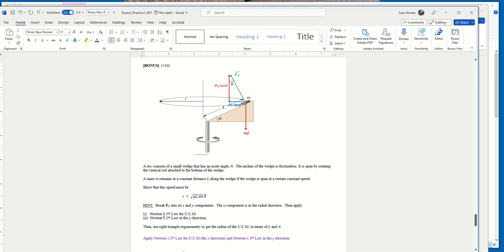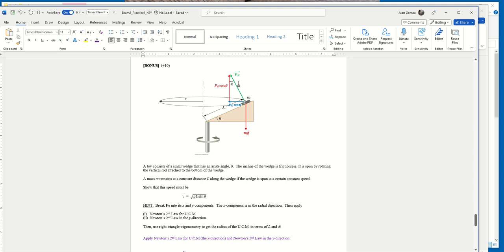Now the hint says, once you draw Fn, break it up into its x and y components. Basic trigonometry. It's easy to show that if the angle of the wedge, i.e. the incline, is theta, this angle as I've drawn here is also theta.